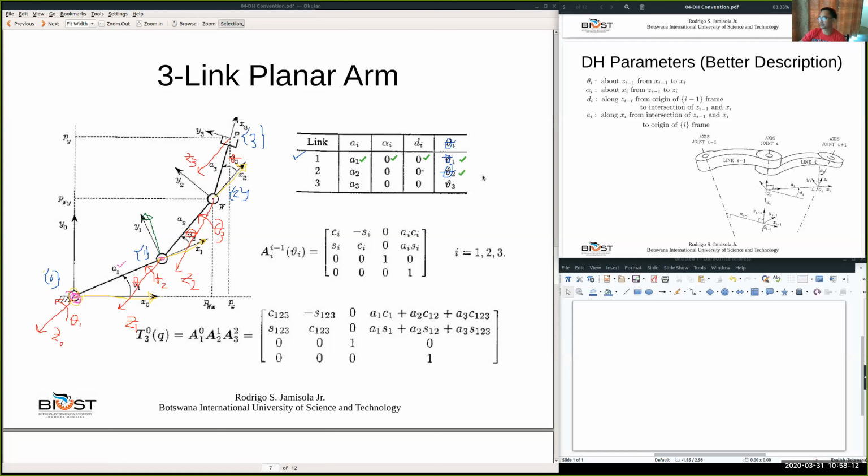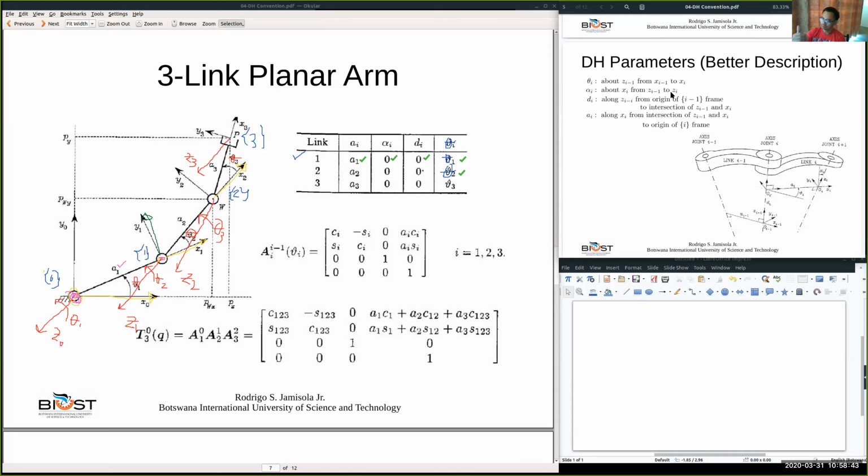We already successfully identified that. Alpha 2. Alpha 2 is about X2. So where is X2? This is X2. If X2 is going in that direction, by the right-hand rule the thumb is your X2, and then you rotate about that X2, from Z1 to Z2.